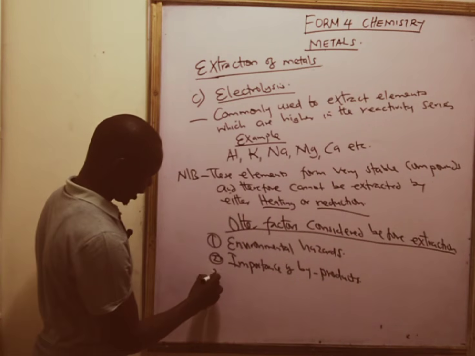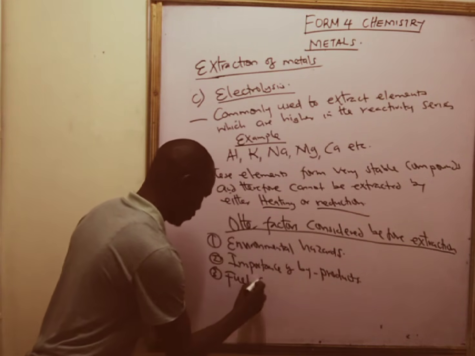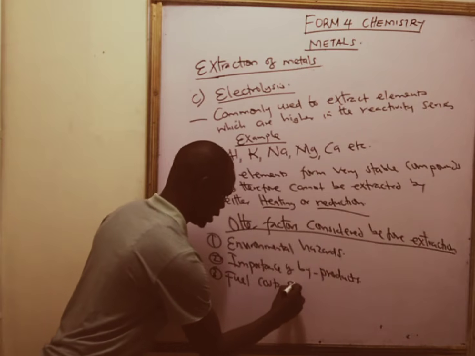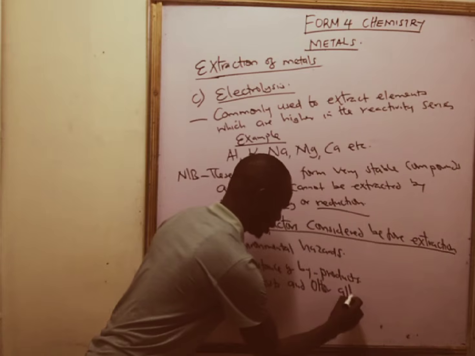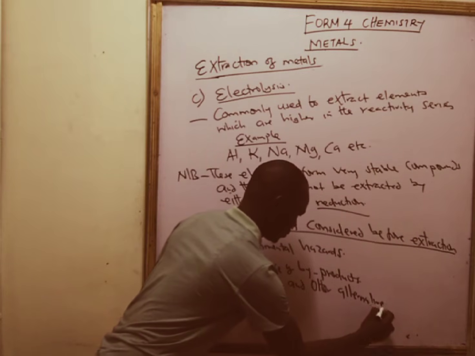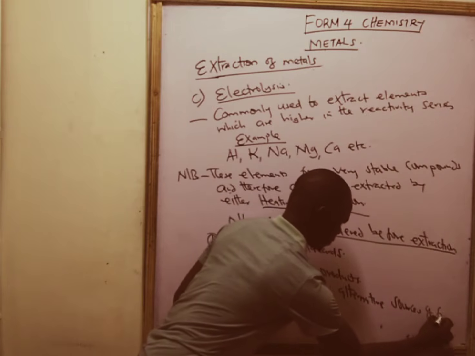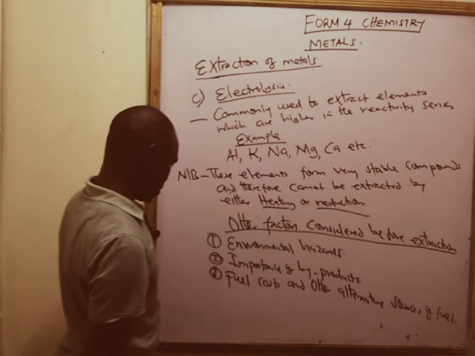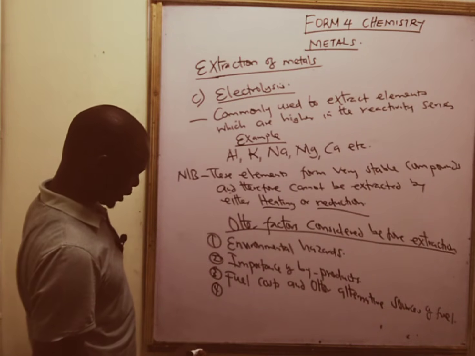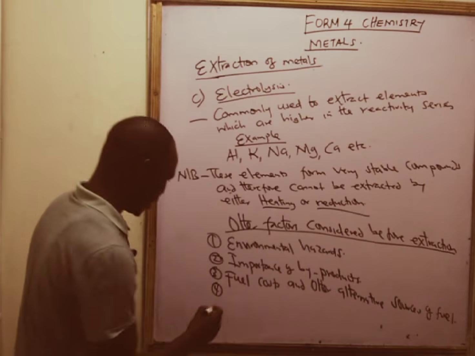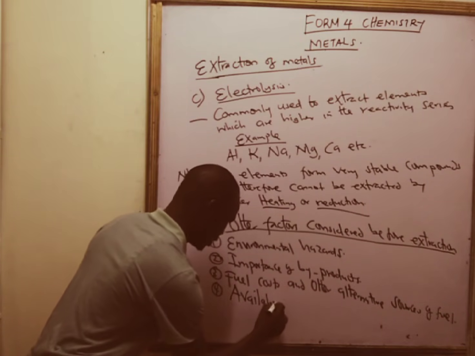Another factor that we are likely to consider are the fuel costs and other alternative sources of fuel. Number four, we can also look at the availability of the ore, which is very, very crucial.